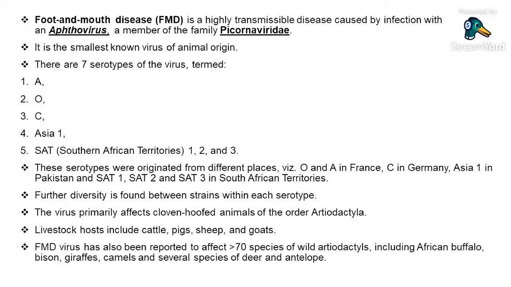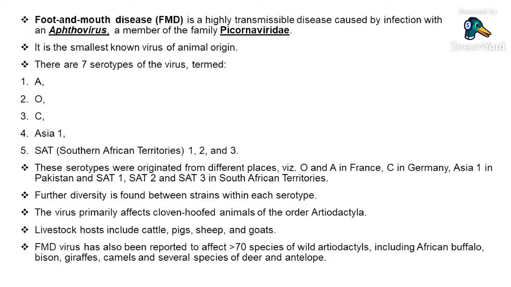There are many other genera under the Picornaviridae which cause diseases in animals, like Aphthovirus, cardiovirus, enterovirus, and many other genera which cause diseases in livestock animals. The Picornaviridae has a specific characteristic: it is the smallest known virus of animal origin.